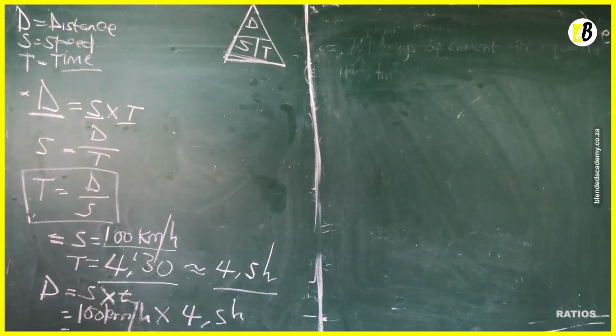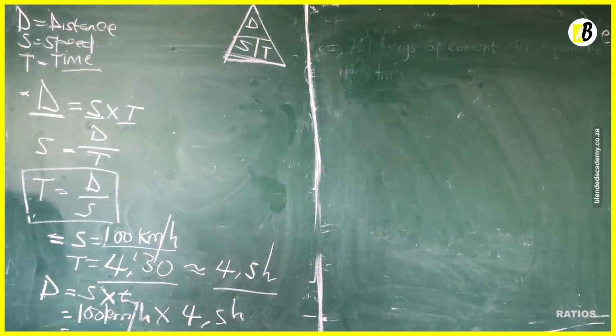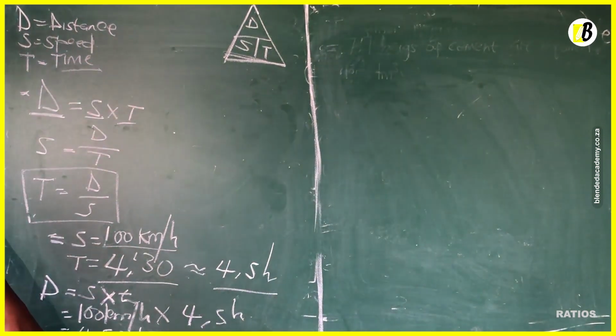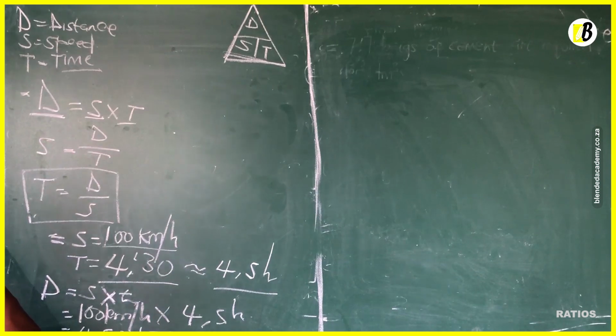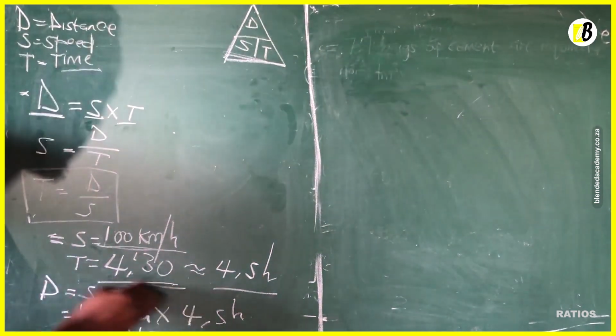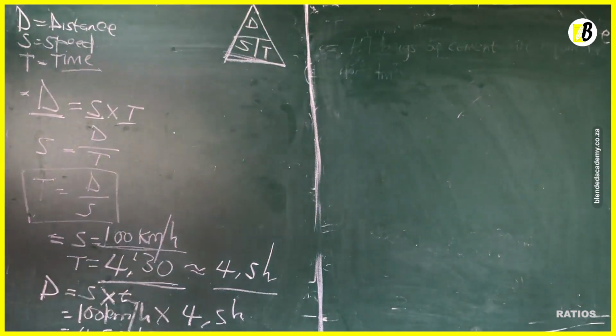Okay, let's use the calculator and find our answer. 100 kilometers per hour multiplied by 4.5 gives us 450 kilometers. Remember, the distance when it comes to road is measured in kilometers. Remember that as always. So the distance that I covered is 450 kilometers, if I was driving 100 kilometers per hour for 4 hours 30 minutes, right? So that is our second example.